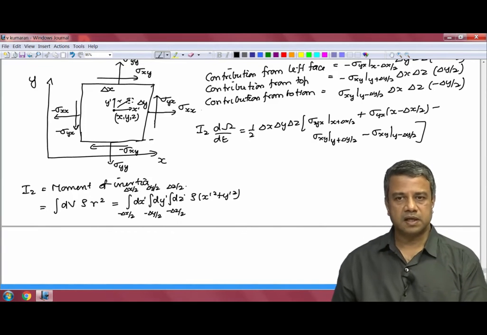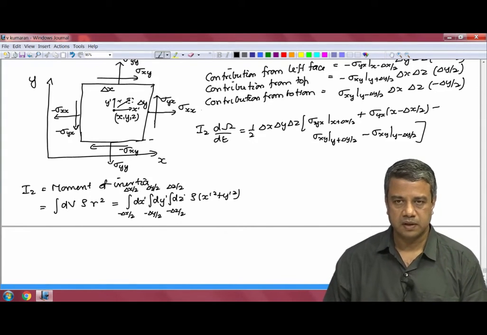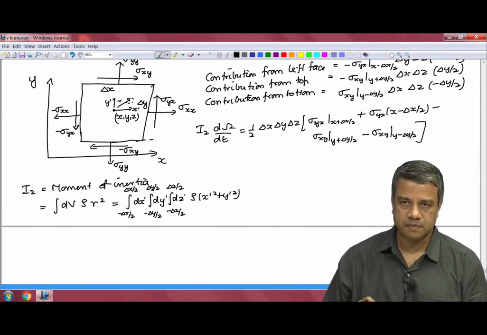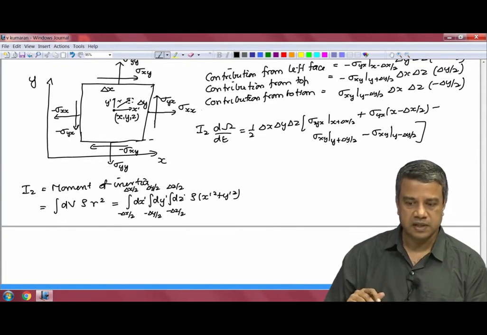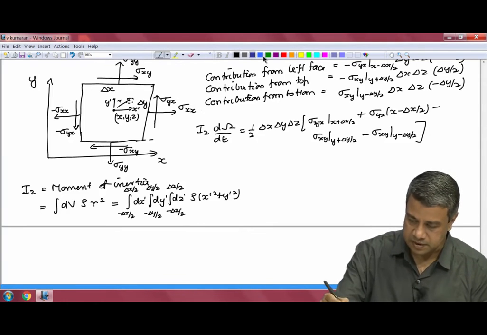That is the integral over this entire volume of the local mass. The local mass is rho times dx prime dy prime dz prime.